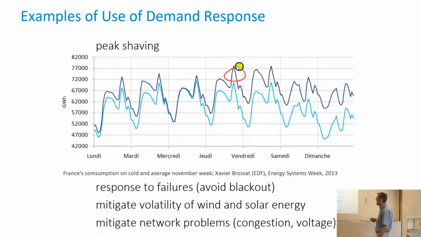There is a peak at one point in time, which is typically the beginning of the evening, when people go home and set up all the appliances and their house is perhaps a bit cold, they put it warmer as well. And now if you are responsible for the transmission network of France, you have to make sure that the total capacity is equal to the peak here. So, what's the problem with that?